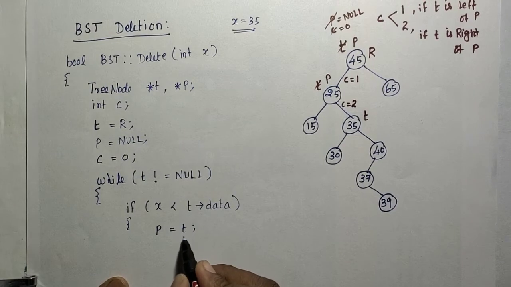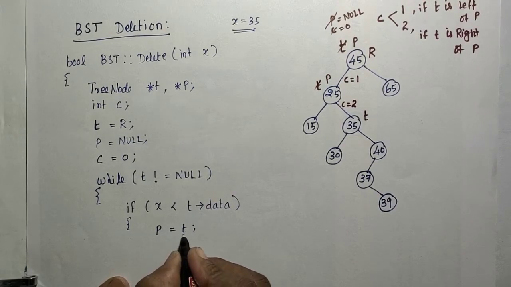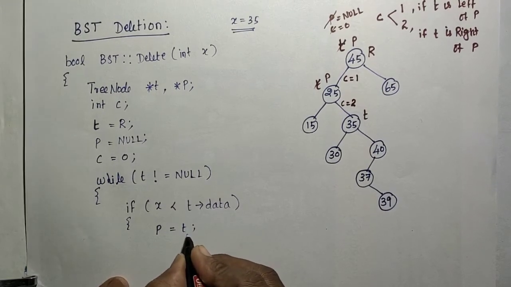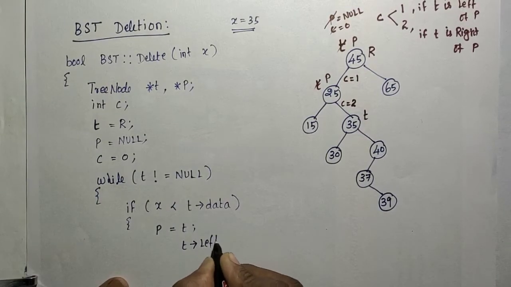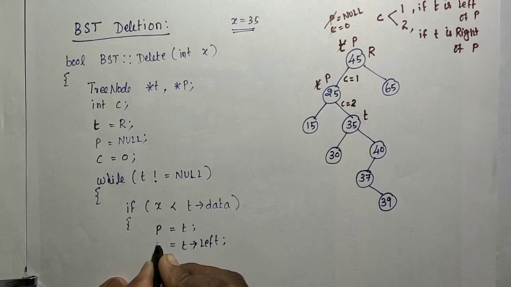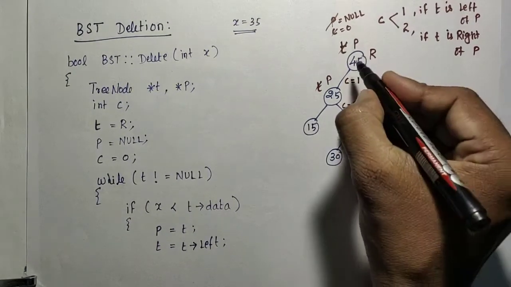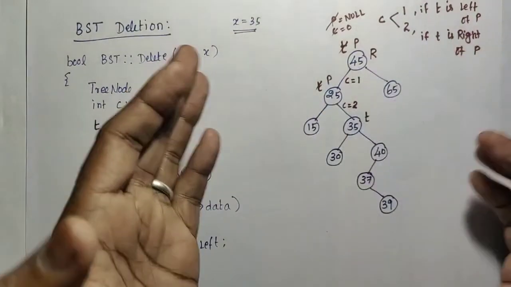Whatever the t content, that needs to be stored to p. Then I need to move the t to the left side. So whatever is the current left of the t has to be stored to t. For avoiding confusion, I am not writing the addresses. What you have to imagine is that the addresses are there.